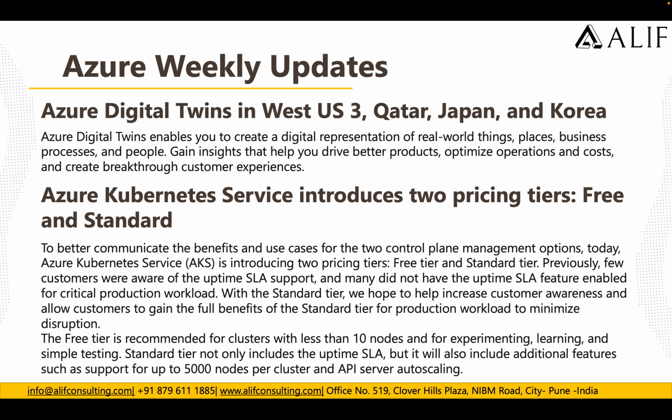It also includes additional features such as support for up to 5,000 nodes per cluster and API server auto scaling. The uptime SLA is included only with the standard tier. If you are using the free tier, you need to enable the uptime SLA separately and pay a separate cost for that.